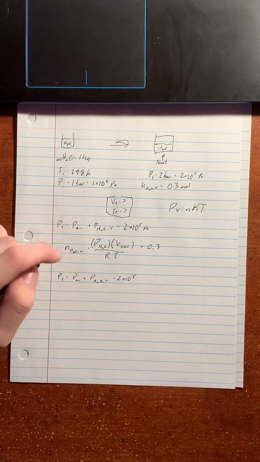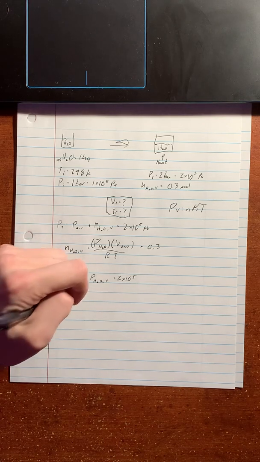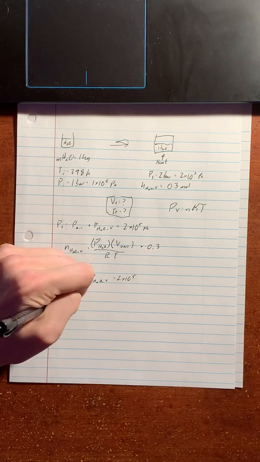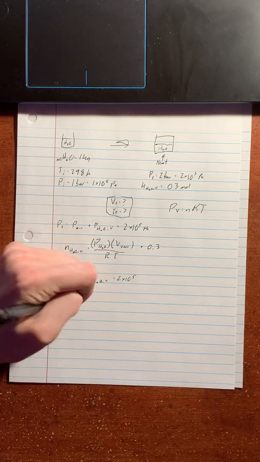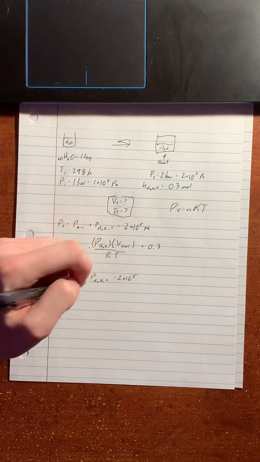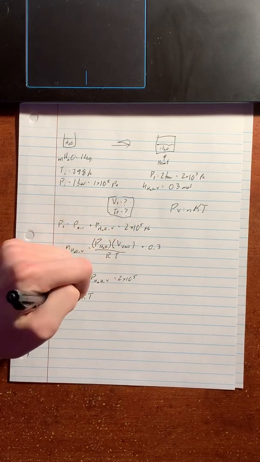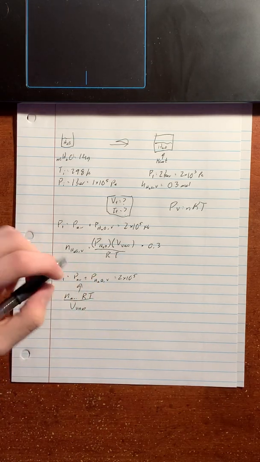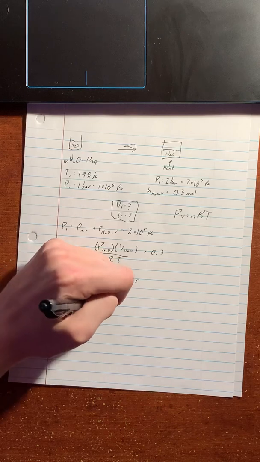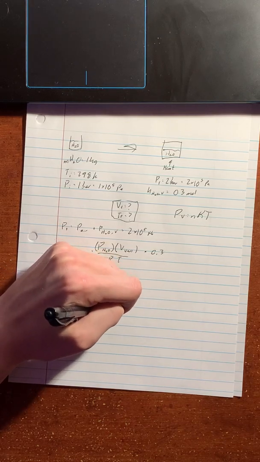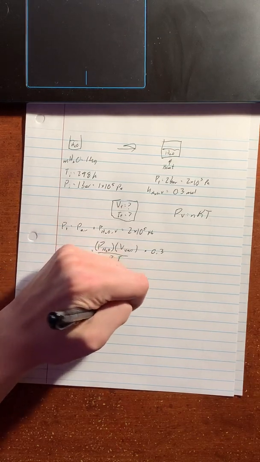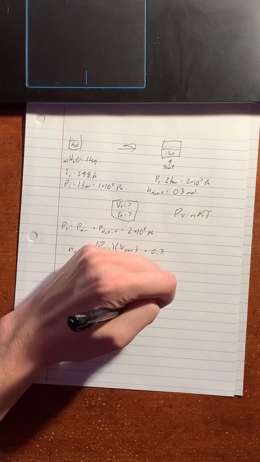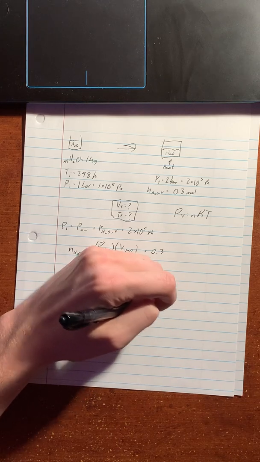Next, we'll create a new equation for the pressure of air, which is the moles of air, from PV equals nRT as well, times RT, all over the volume of the vapor phase. Then we add the vapor pressure of the H2O. That is equal to 2 times 10 to the 5 pascals.